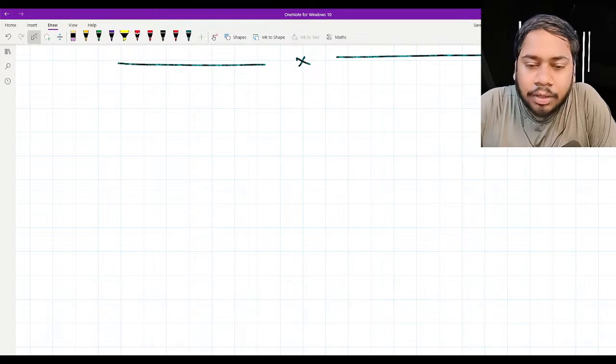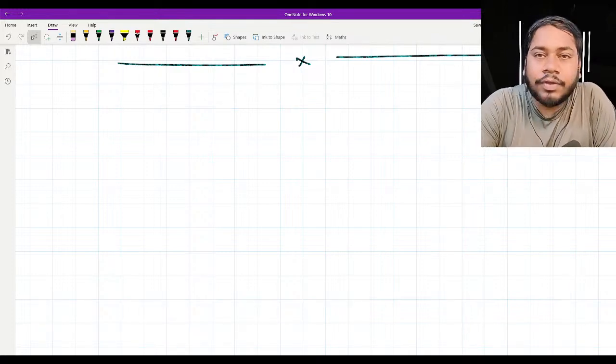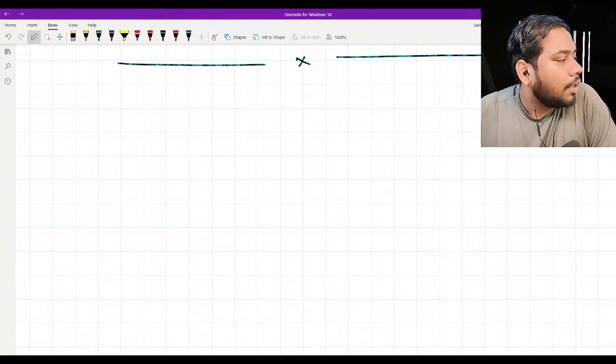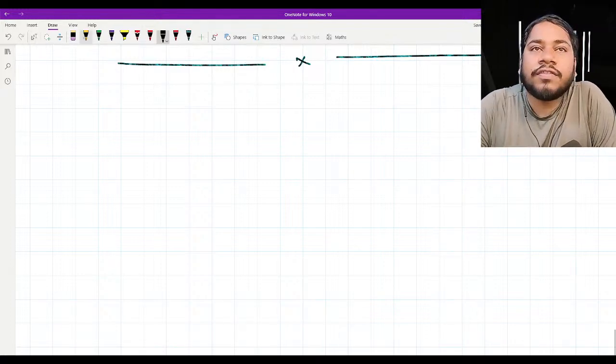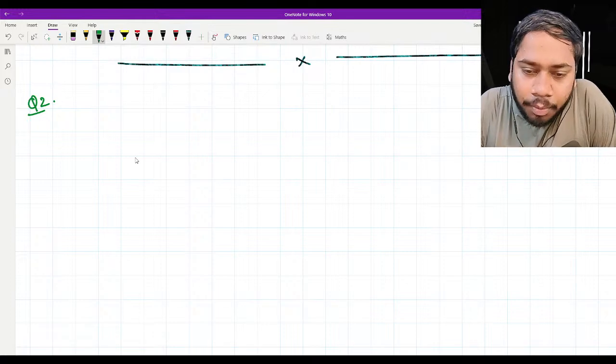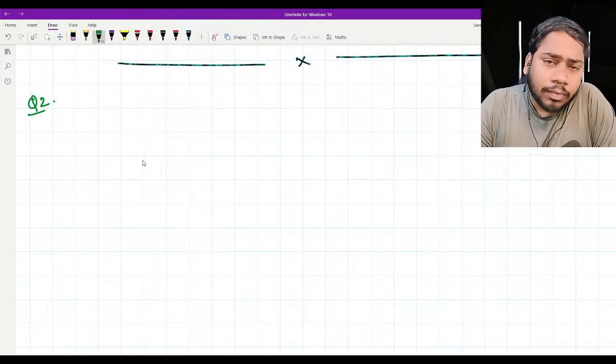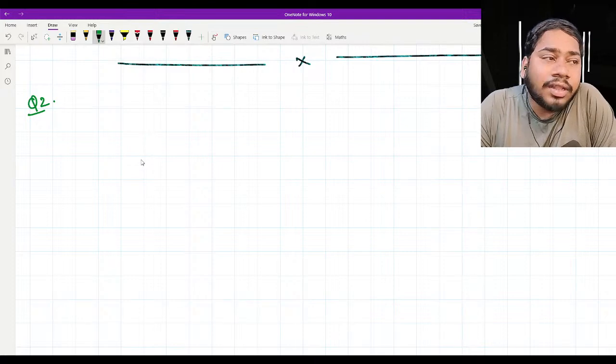Okay, so we are done with the first problem. Let's go to the second one. The second problem is similar to the previous one.